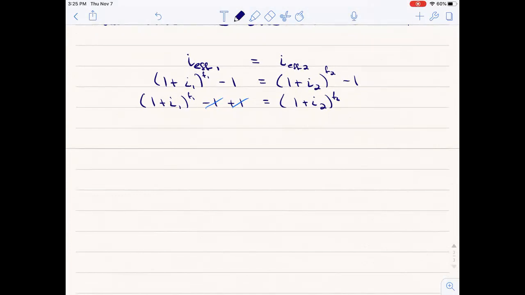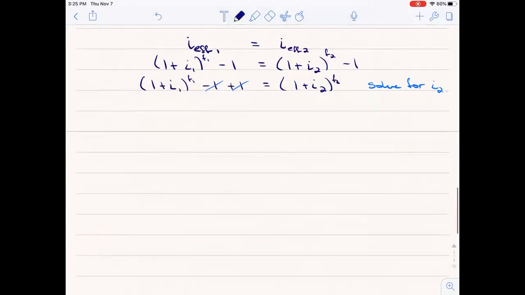I'm going to solve for I2. Right, we have to pick one of these to solve for. I'm going to solve for I2, mostly because that's what's going to match your formula sheet. I2 is the new periodic interest rate at the new compounding frequency F2.